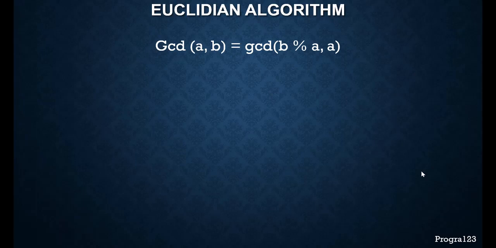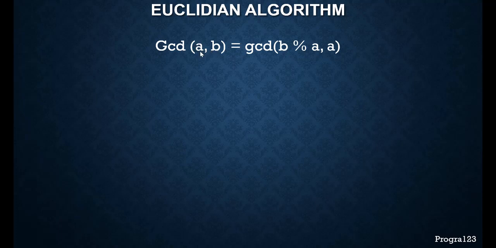Here we are with Euclidean algorithm, which is the one that is going to help us to compute the greatest common divisor of two numbers. Okay, so basically it says that the greatest common divisor of a and b is equal to the greatest common divisor of the remainder modulo a of b and a.